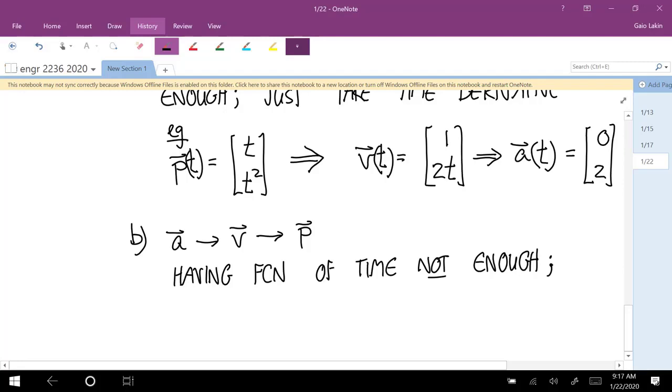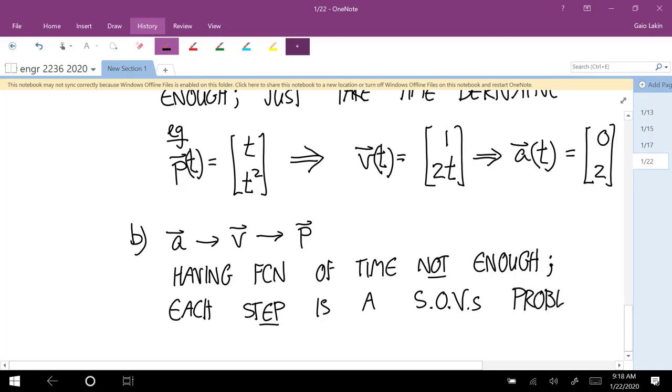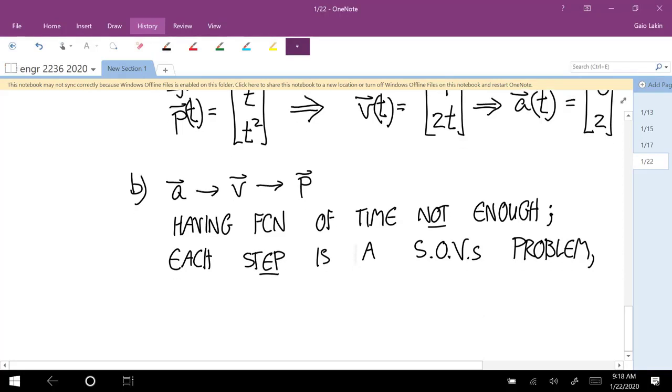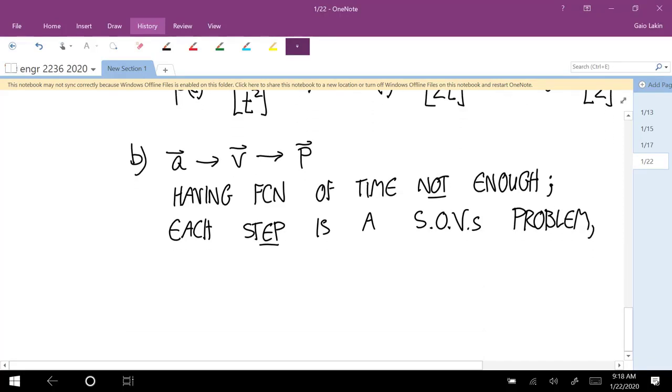Because in this direction, you're solving a differential equation using separation of variables. So each step, going A to V or V to P, is a separation of variables problem. And that means you need one boundary condition for each component.